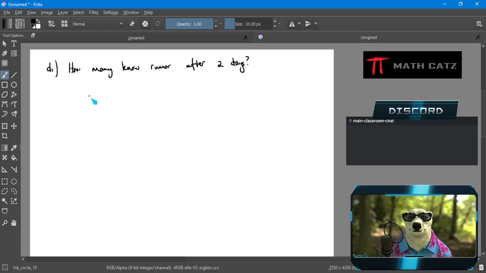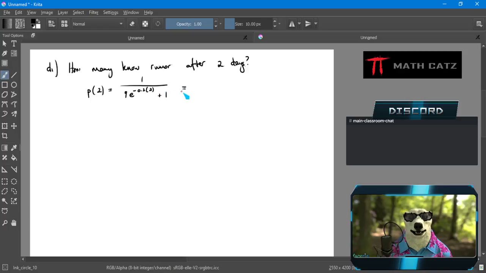Well, we have our function. We just plug in a 2. So I'm just going to copy it there so you can see it. Now maybe 2 isn't a great example, but that's okay. 1 over 9e to the negative 0.2 times 2 plus 1.